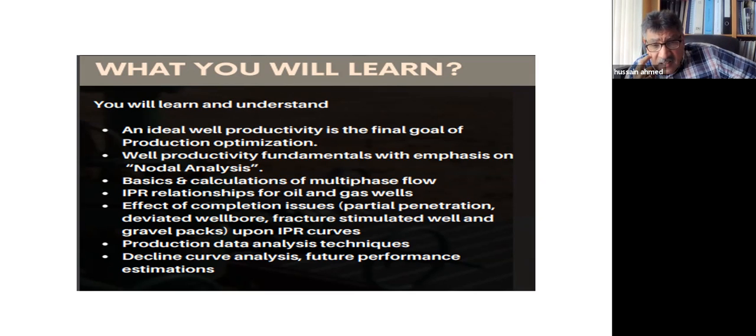The declining in performance, declining in pressure. Nobody can maintain the pressure of the reservoir forever. For sure, the reservoir pressure with time will always have a negative slope, dP/dt, declining.